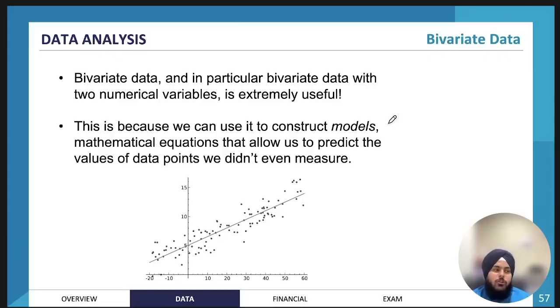So let's say we draw a scatter plot and then we use those points to construct a model. Now what that model will help us to do is predict certain points. Let's say we have an orange weighing 500 grams, and we want to determine what the diameter is just by knowing the weight.